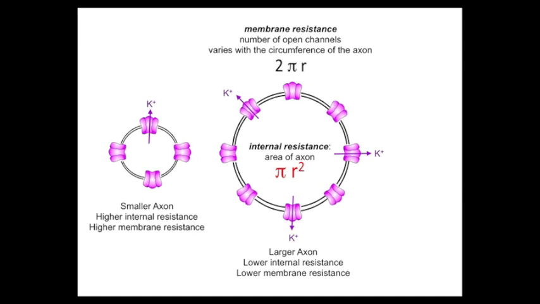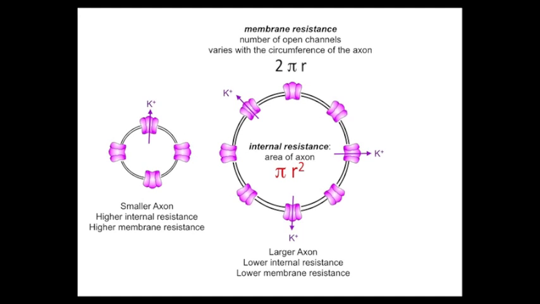Now, the membrane resistance, that is the number of potassium channels or number of open channels, varies with the circumference of the axon. And that varies by 2 pi r. In other words, there's a linear change in the circumference of the axon as I double the diameter. That's why I have 4 purple potassium channels in the smaller axon and 8 in the bigger axon.